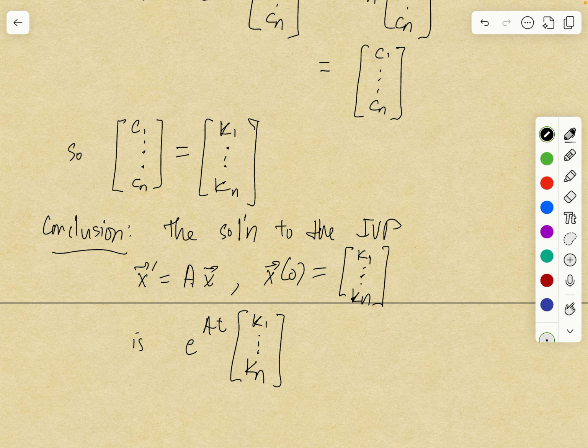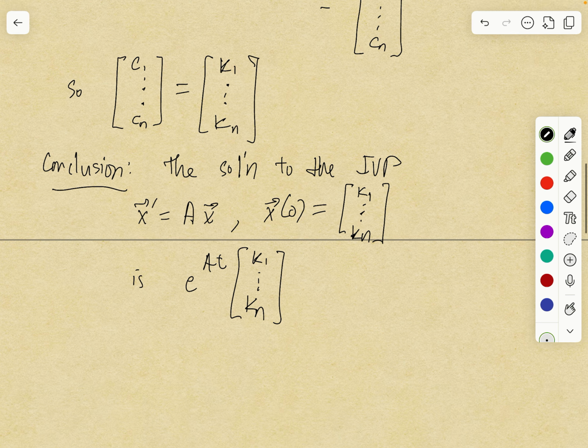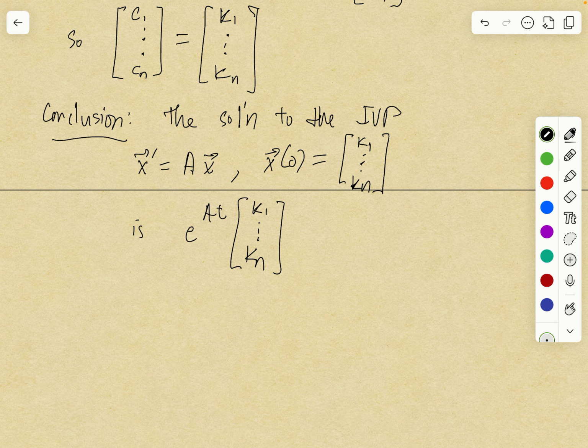Okay, so that's one thing I want to say about initial value problems.